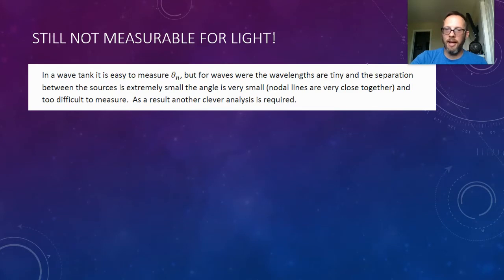With wavelengths that are tiny, like light, and slit separations that are small, the angle is going to be small because all the nodal lines are close together, and so it's still not really practical for us to measure these nodal lines for light. For water waves, all this is great, but we need something more for light.